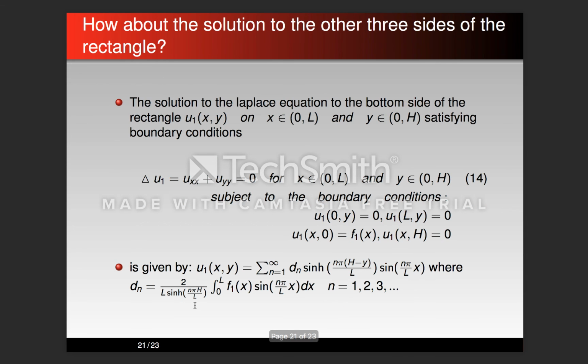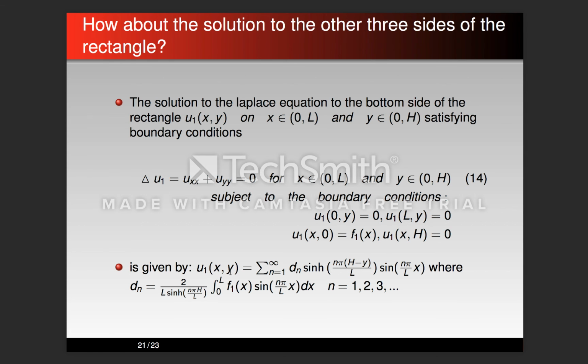And similarly, the solution to the Laplace equation on the bottom side of the rectangle is given by u1(x,y), where the summation goes from 1 to infinity of d_n sinh(nπ(h−y)/L). Here the h minus y shift is to find the value when h equals y. That's why we have the shift h minus y here.